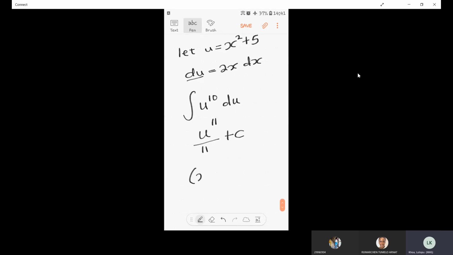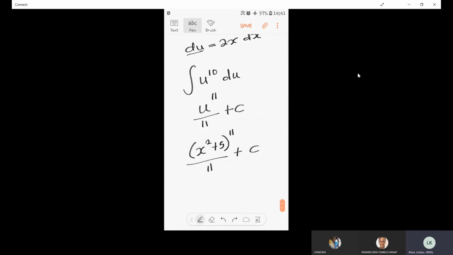So you have x squared plus 5 to the power of 11 over 11 plus c. Again, try and differentiate this, see if you get the original question back. The 11 will come down, you multiply with the 1 over 11, they cancel out. I'll be left with 10 at the top, and then multiply by the derivative of the inside, which is 2x. And then the derivative of the constant is just 0.